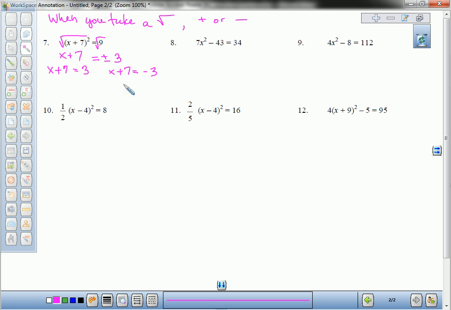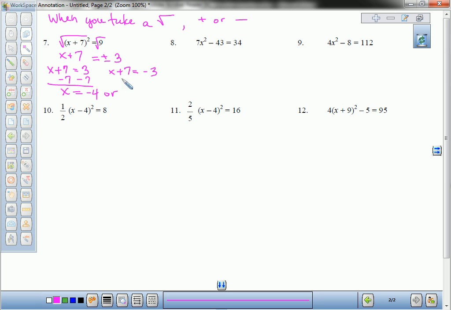Okay, so writing these down, we're going to end up with 2 answers. We can actually end up with 2 real answers, 1 real answer occasionally, and sometimes no real answers. If they're not real, what kind of answers are they? Imaginary. So, alright, so this one we would subtract the 7, and our first answer is x is negative 4.